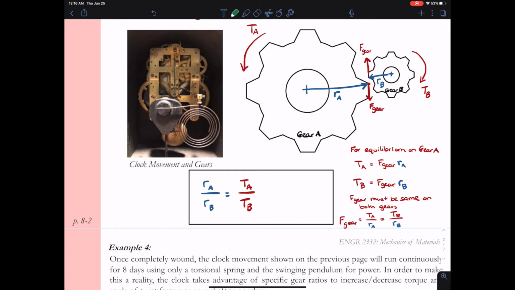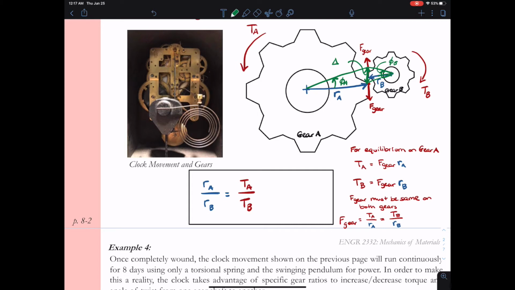We can repeat this process for the angle of twist of both of these gears. I'm going to sketch in here a displacement at the gear tooth, and we want to relate that displacement at the gear tooth back to the angle of twist of gear A. We're also going to relate the displacement at the gear teeth to the angle of twist at gear B, and visually you can see the angle at B looks like it has to be a lot more.